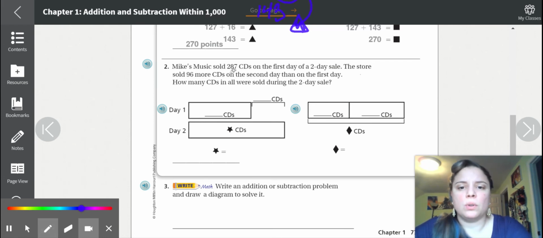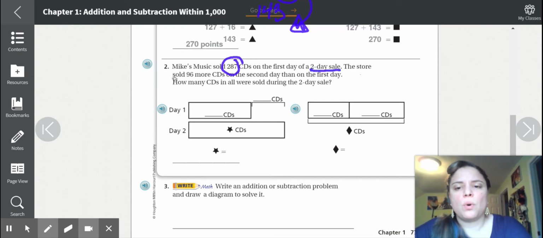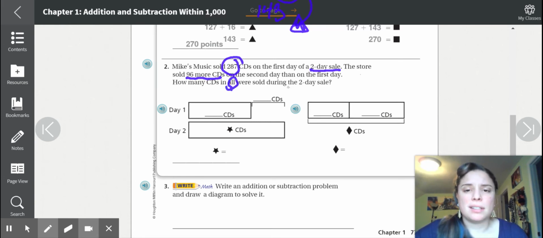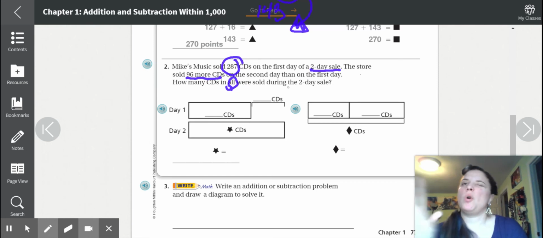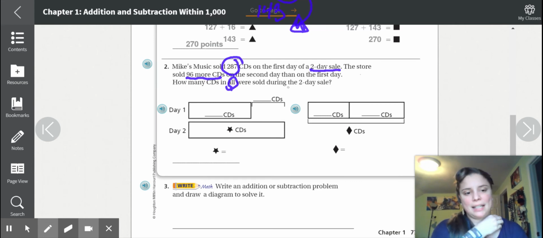Mike's Music sold 287 CDs on the first day of a 2-day sale. The store sold 96 more CDs on the second day than the first day. How many CDs in all were sold during the 2-day sale? So this is kind of just like the one before. We have how many CDs they sold the first day, and we have almost how many CDs they sold the second day.